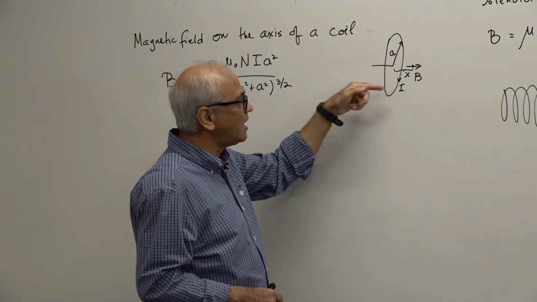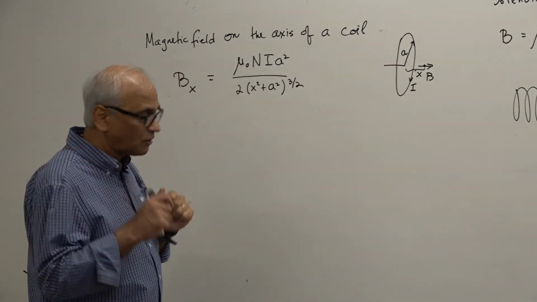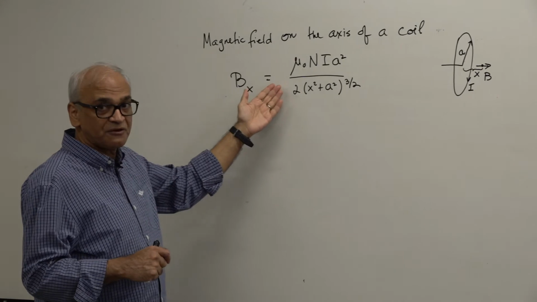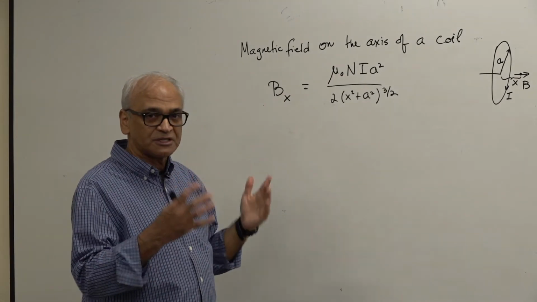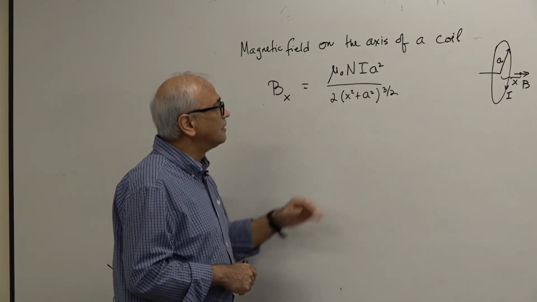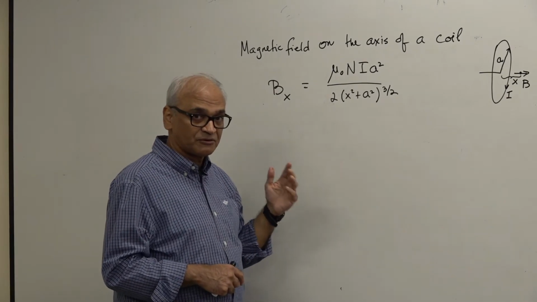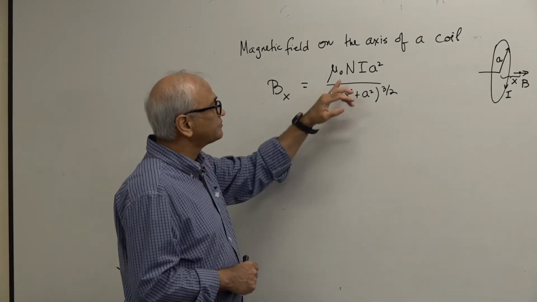You have current I flowing through the coil. We derived it in class. It's mu naught N I a squared over 2, and the derivation is a little bit involved, but I want you to re-derive it for this lab.